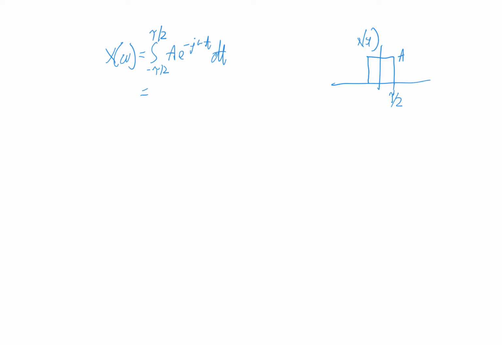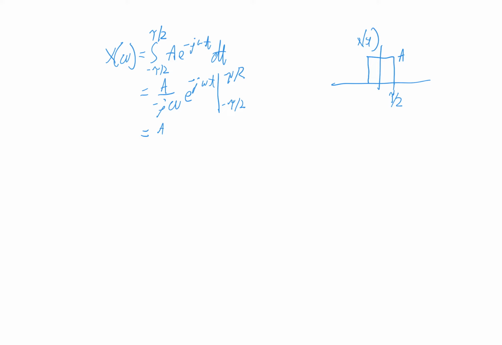And we do that integral, so we get A over minus j omega and the e to the minus j omega t, where the value t is going from negative tau over 2 to tau over 2. This looks similar to what we did at the start of this section. We're going to end up with the sinc function.